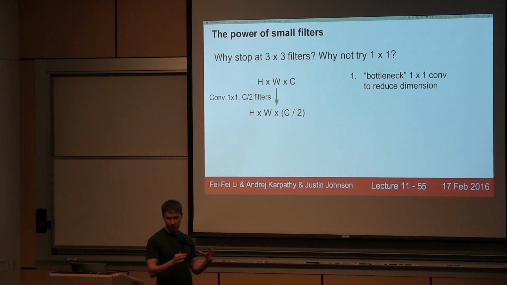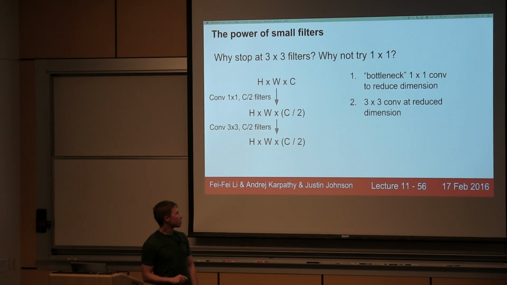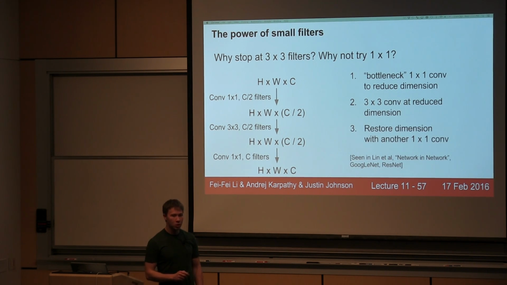Now it has the same spatial extent, but half the number of features in depth. After this bottleneck, we do a 3x3 convolution at this reduced dimensionality, taking C/2 input features and producing C/2 output features. Then we restore the dimensionality with another 1x1 convolution to go from C/2 back to C.